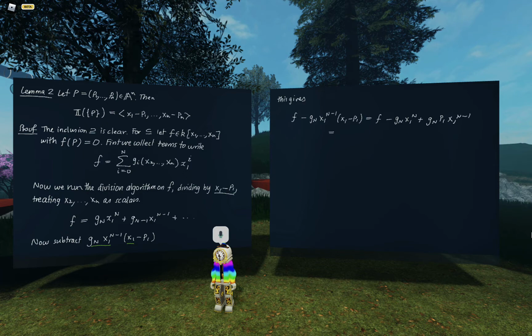So what do we get? Well, collecting the coefficients of x1 to the n minus 1, we get this. Keep in mind that gn and gn minus 1 are polynomials, but in the x2, x3, up to xn variables. Okay, so that's what we're looking at.